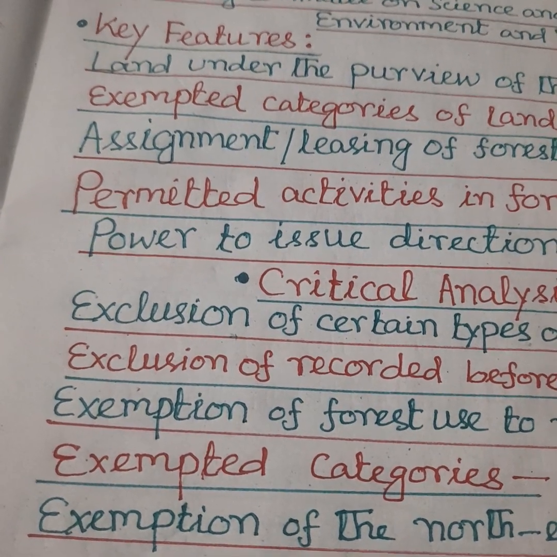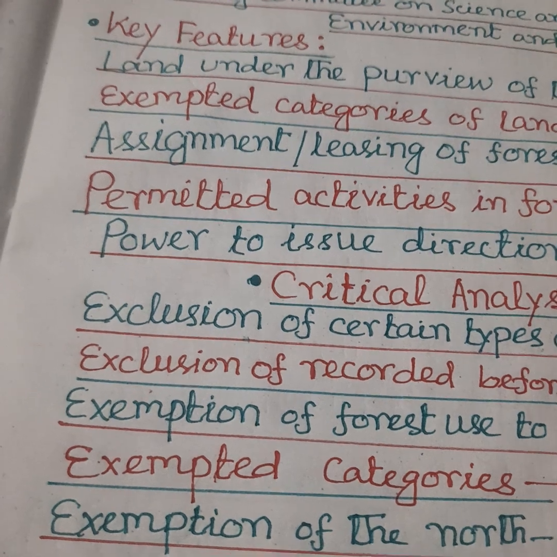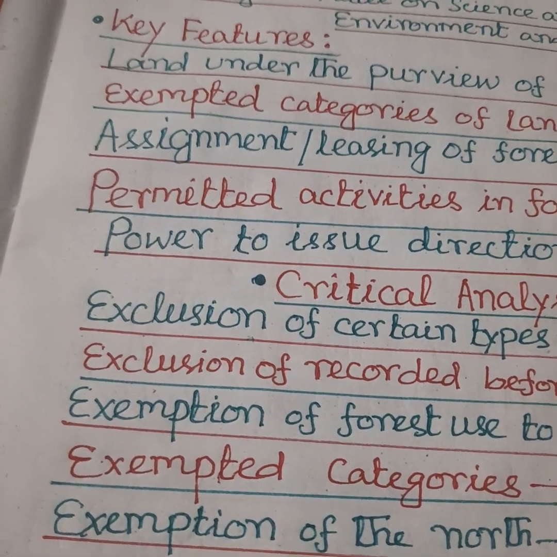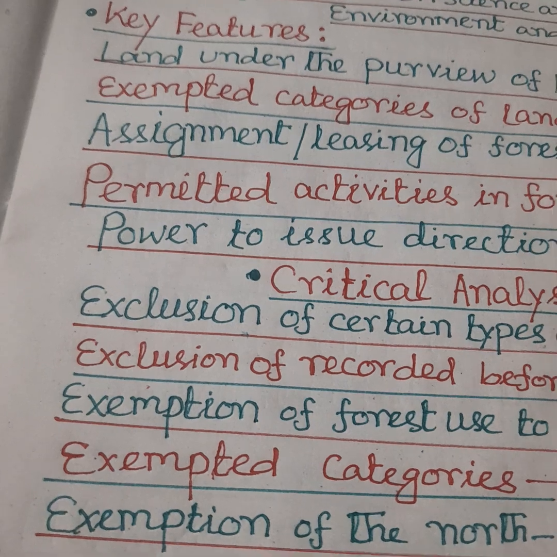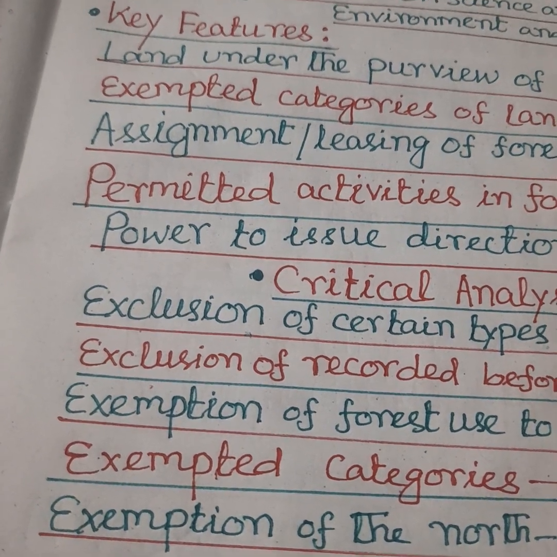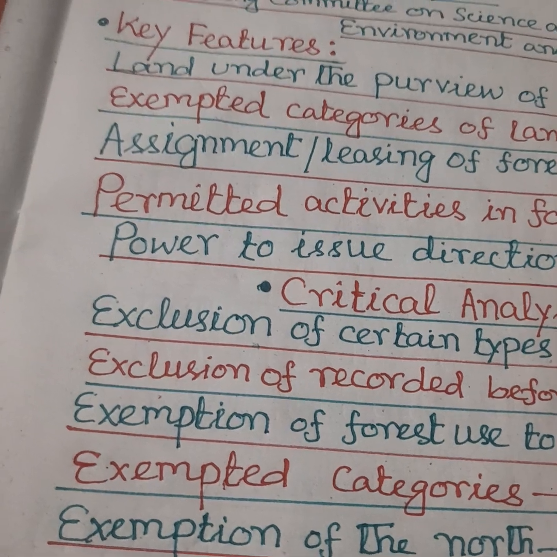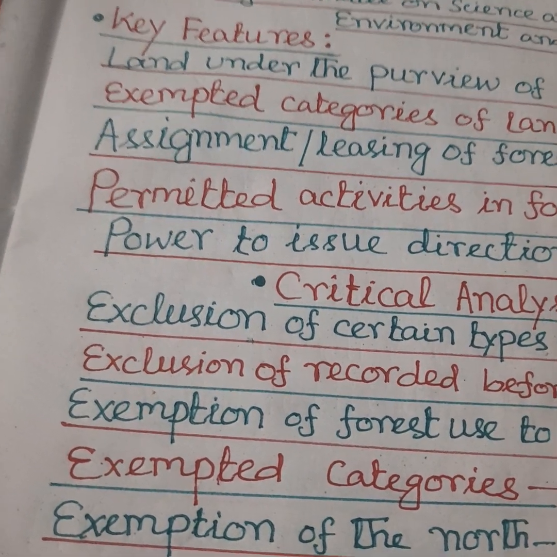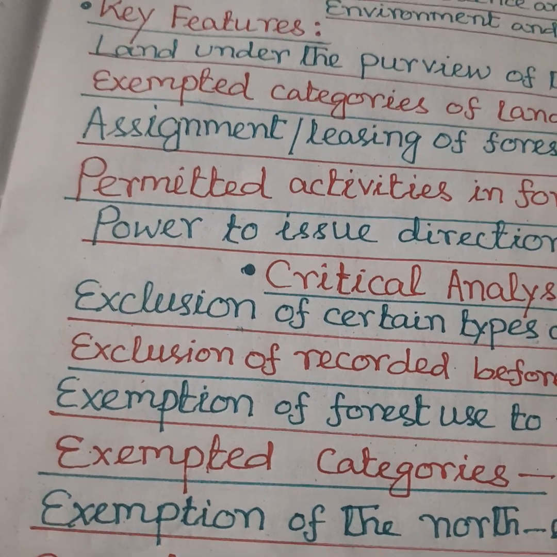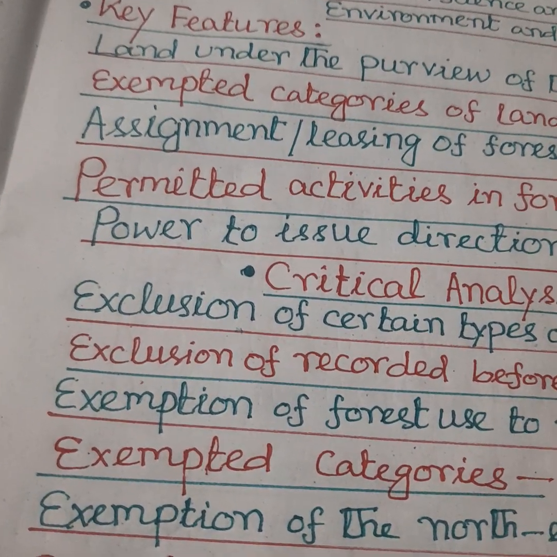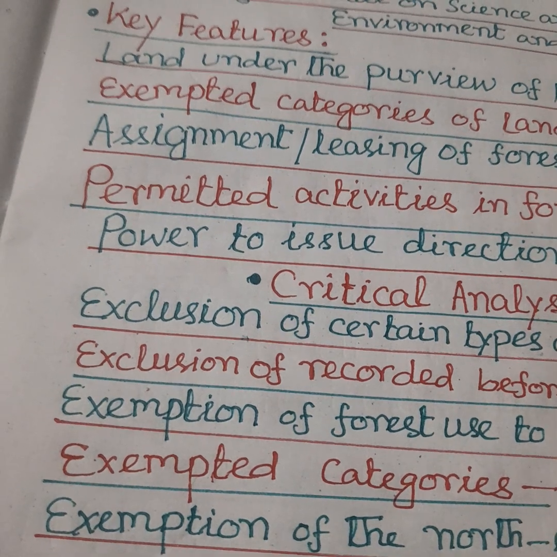Further, it directed the Ministry of Environment and Forest not to grant any approval under the Forest Conservation Act 1980 and the Wildlife Protection Act 1972 for the use of forest land falling within the national parks and sanctuaries without complying with the directions of the Supreme Court.